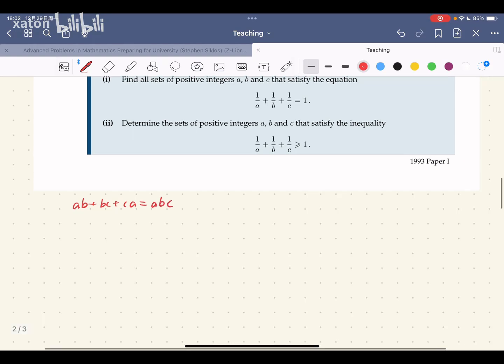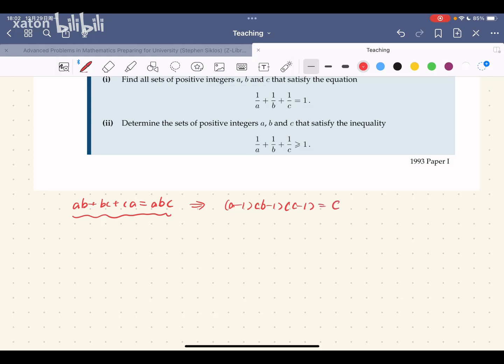For this form, we can do a little bit of factorization, to something that looks like (a minus 1) times (b minus 1) times (c minus 1) equals a constant.